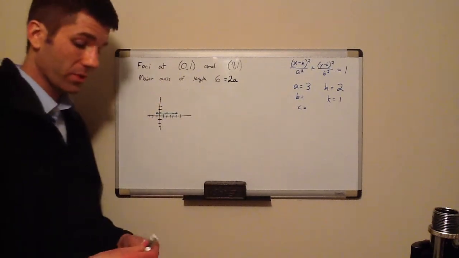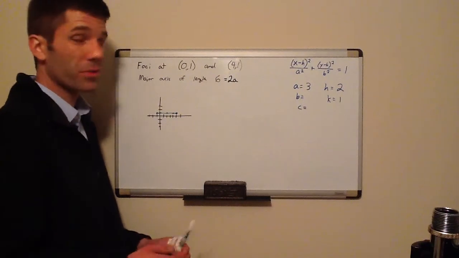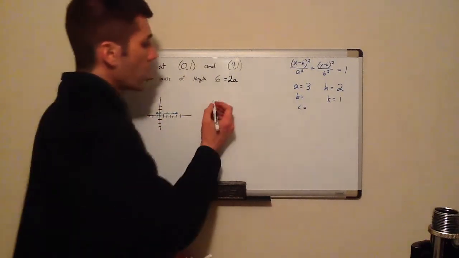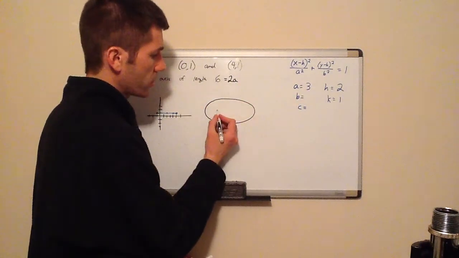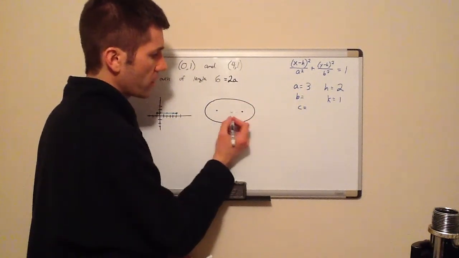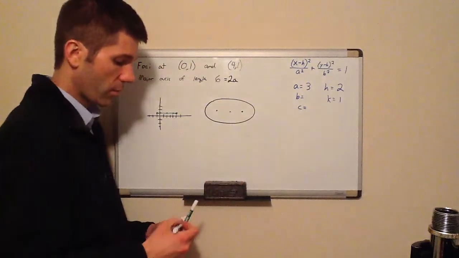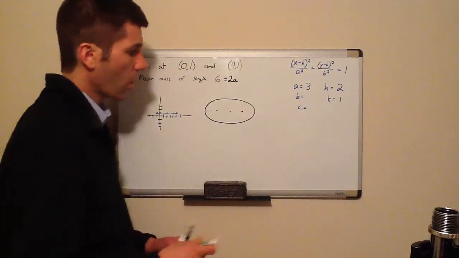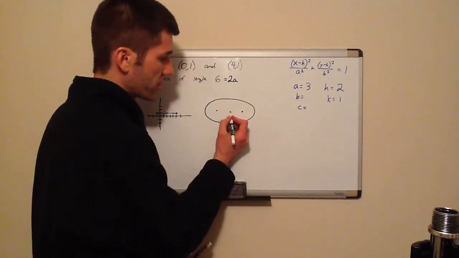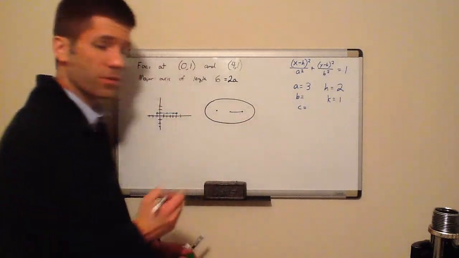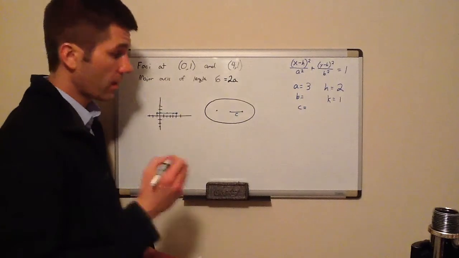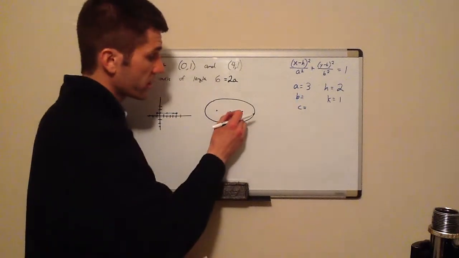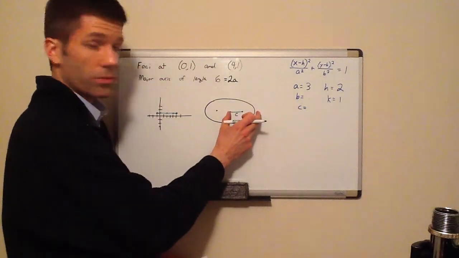But I tell you what we do know. We do know C. Okay? Refer back to the original picture at the top of your notes. You have a focus and the center. And one of the things that was said was that the distance from the center to either of the foci is C. The distance, for what it matters, from the center to a vertex is A. That's 3.